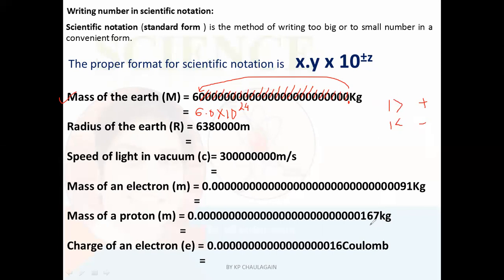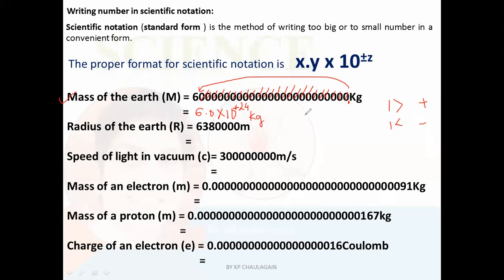If the number is less than 1, then you have to write minus. This number is ultimately a very large number, greater than 1. That's why you write plus here. Generally, you do not have to write plus, because whenever there is no sign, you understand that it is plus. In this way, we have written the number in standard form. The standard form of this number is 6.0 into 10 to the power 24.